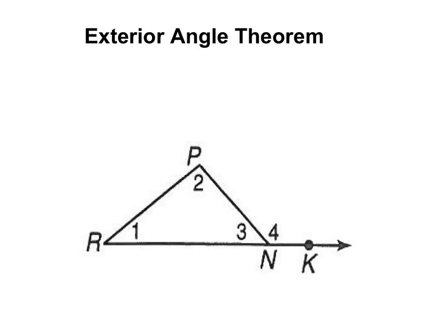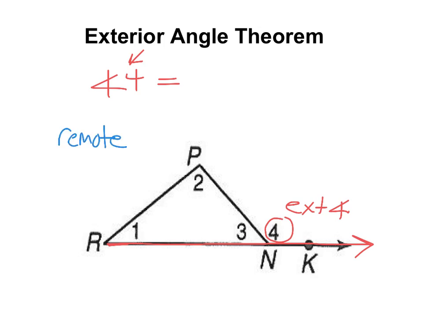The exterior angle theorem says that if you have an exterior angle, here the exterior angle is angle 4. That angle is created when this side length is extended out. The theorem says that angle 4, the exterior angle, is equal to the sum of the two remote interior angles. Remote means far away.